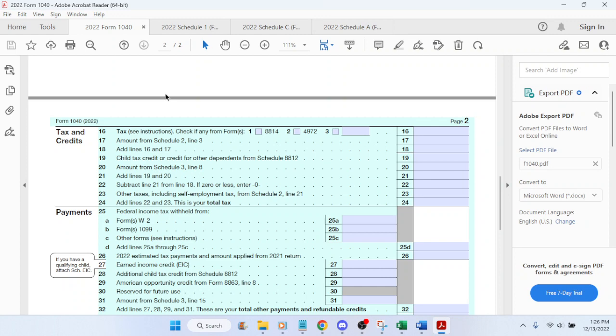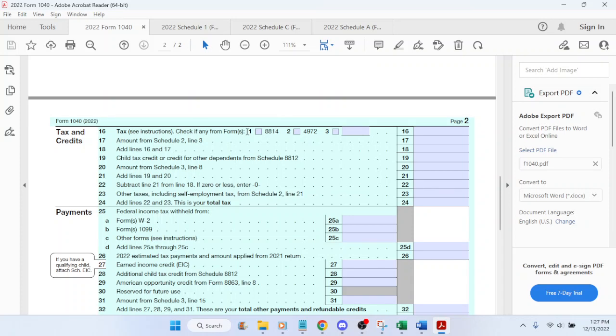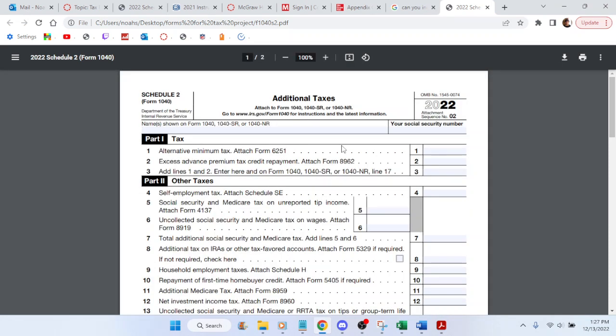That's the question. Let's open Schedule 2 to see what they're talking about in terms of Schedule 2, Line 3. What is Schedule 2, Line 3? We have alternative minimum tax. Oh my gosh.